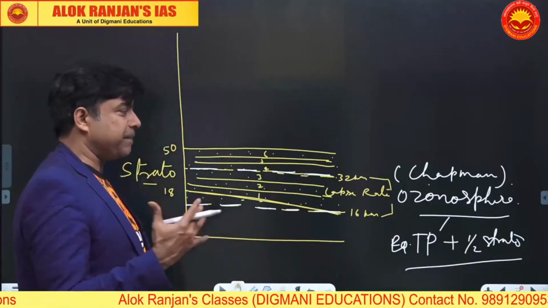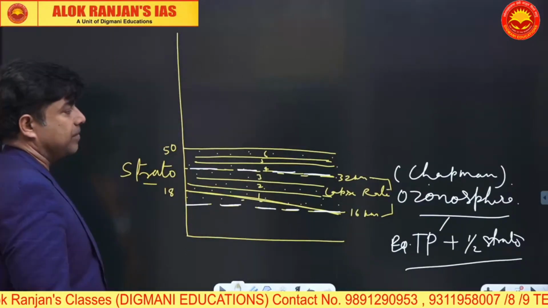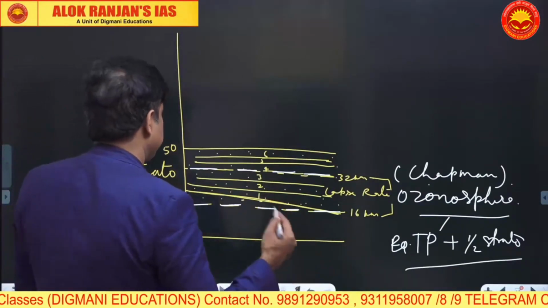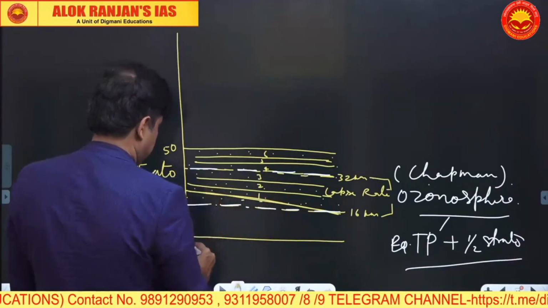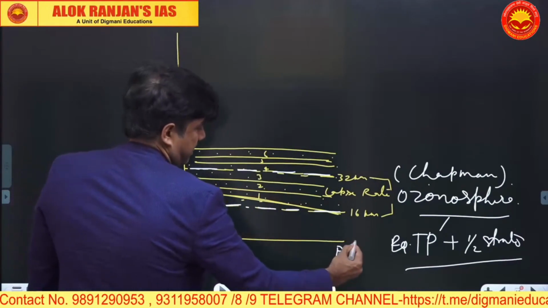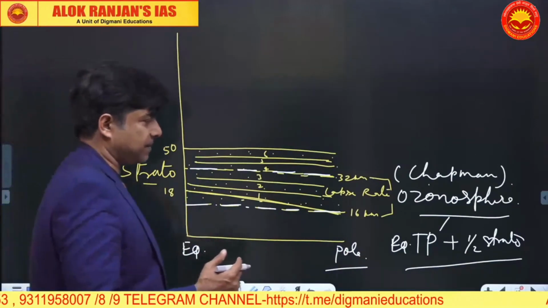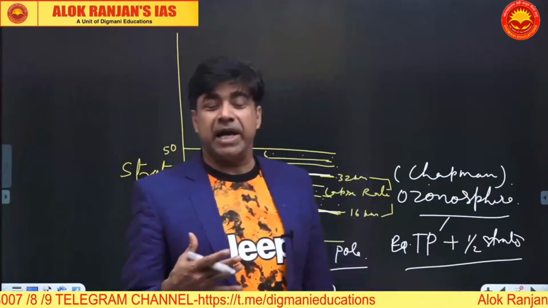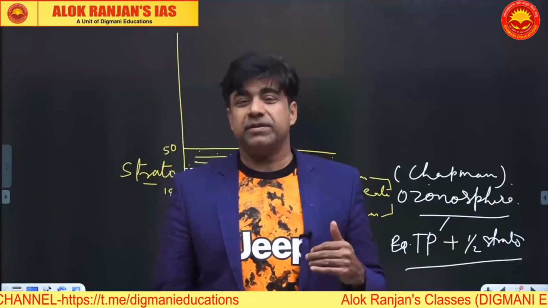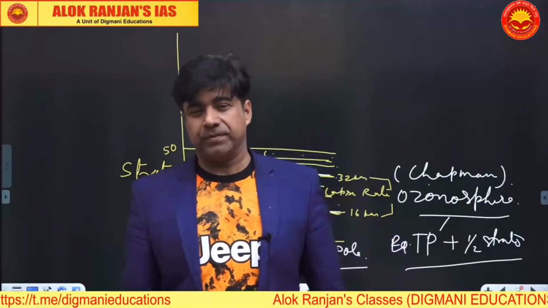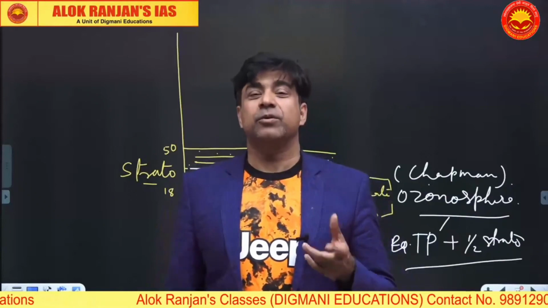It is called the Chapman layer because this layer has the Chapman cycle, which deals with the creation and destruction of ozone.